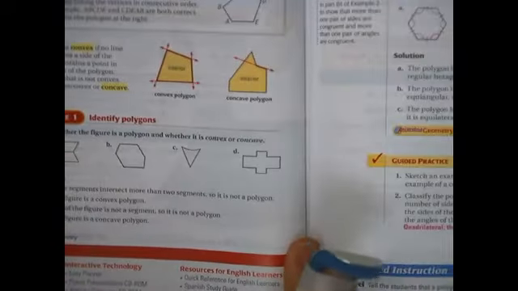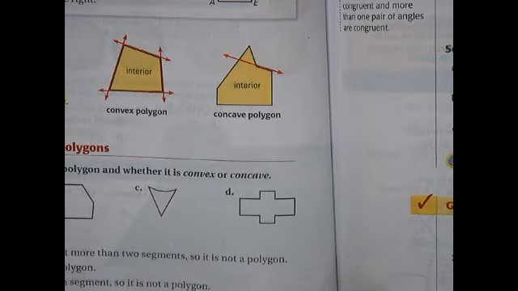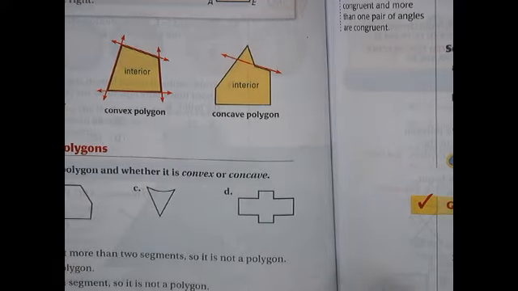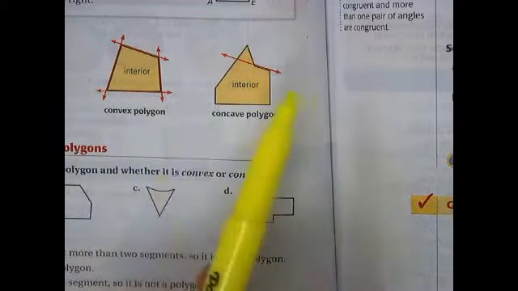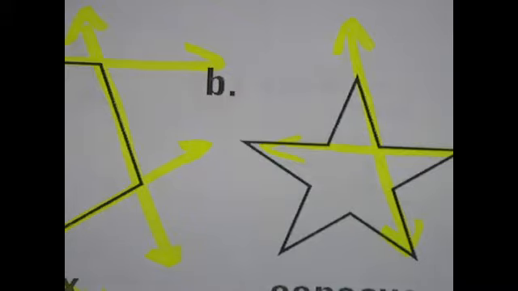So your book shows a couple of examples like these, same concept. So can you please take a minute on your vocab sheet to draw an example of a convex polygon and a concave polygon, and use kind of this drawing notation so that you've got that figured out.